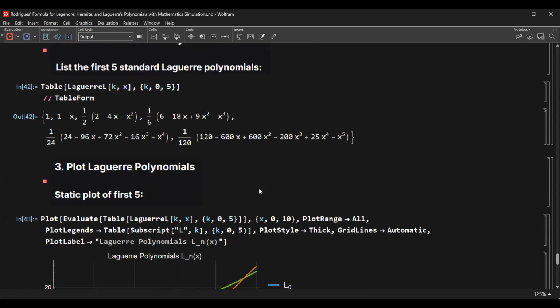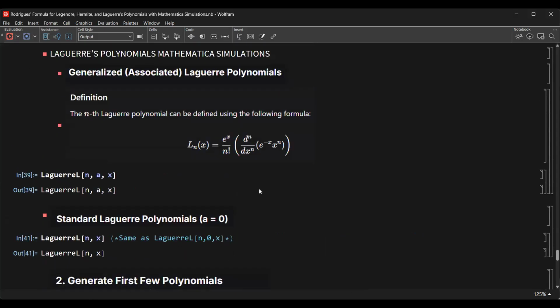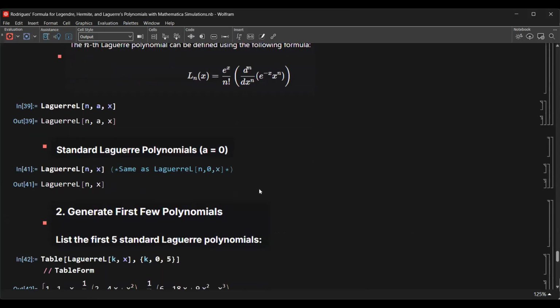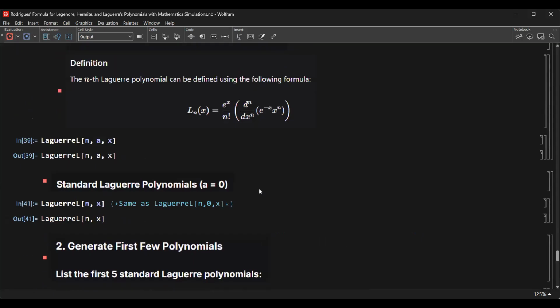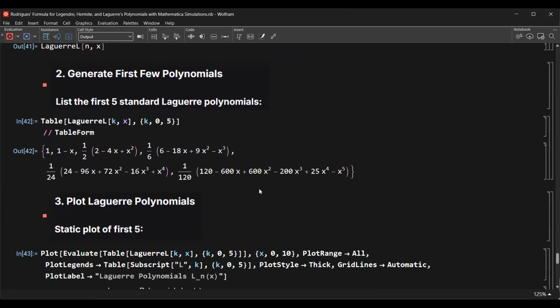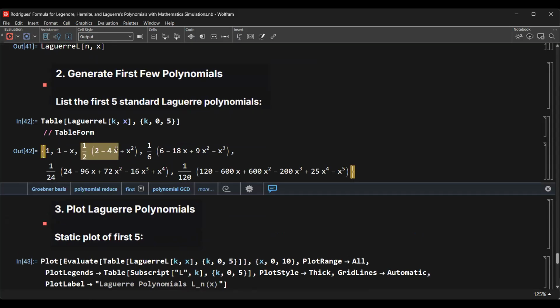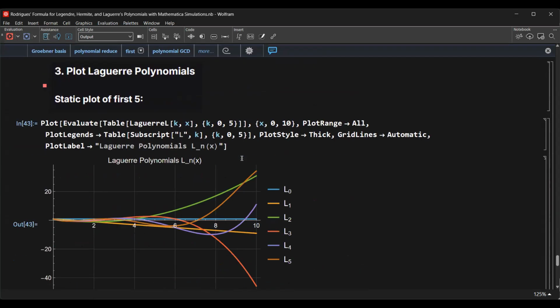For n from 0 to 5, n equals 0, n equals 1, n equals 2, n equals 3, n equals 4, and n equals 5. If we plot them, we have these Laguerre polynomials.